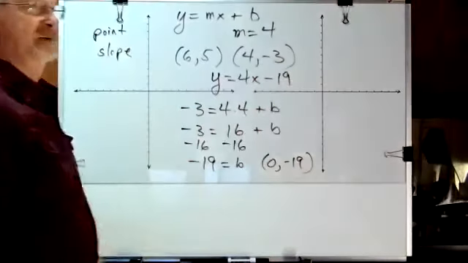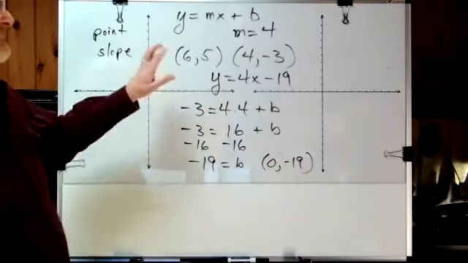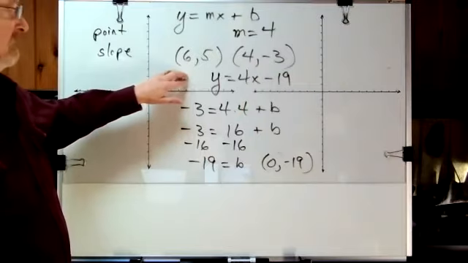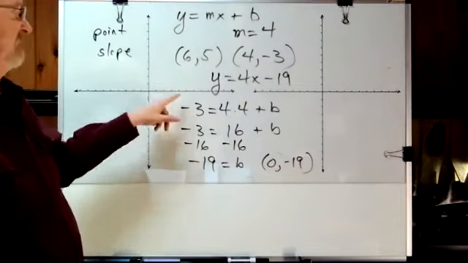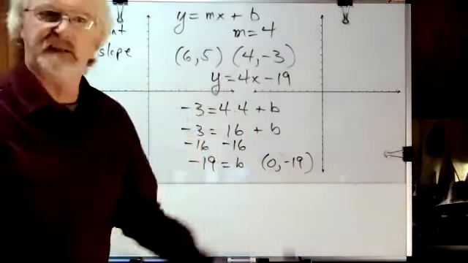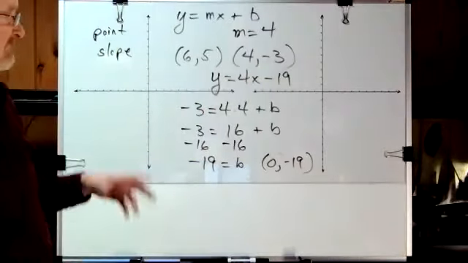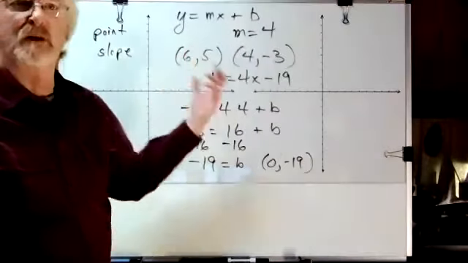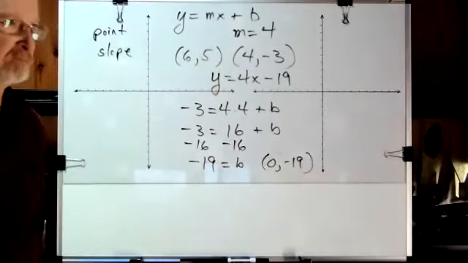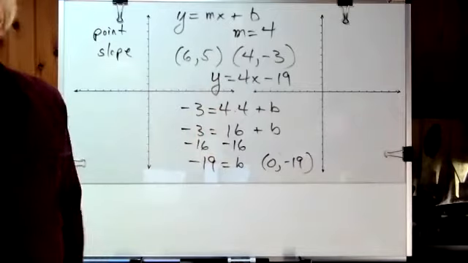There would be the equation. If I'd chosen this other point, I would have had a 5 instead of -3, and I multiply by 6, it would still have turned out to be -19. Doesn't matter which point you use. Just maybe one might be easier than the other to work with. I'm going to solve for b step.